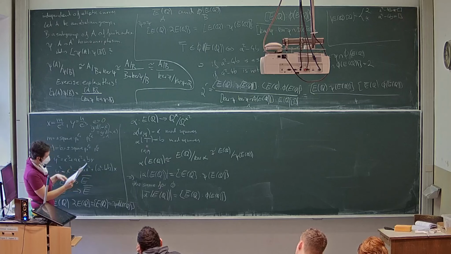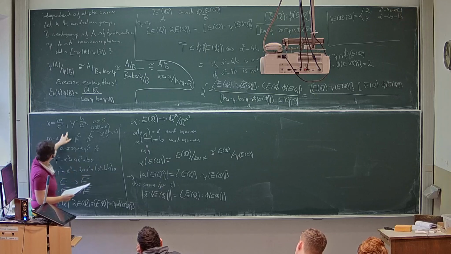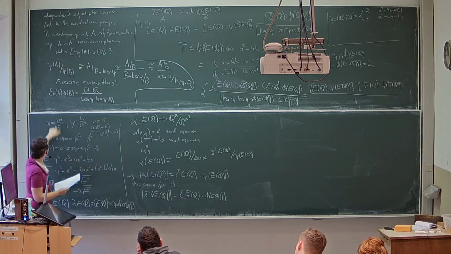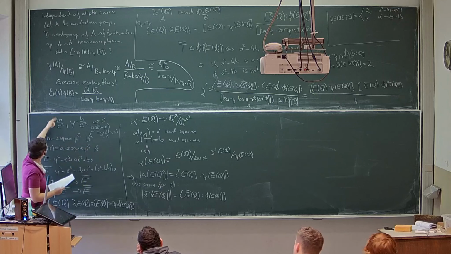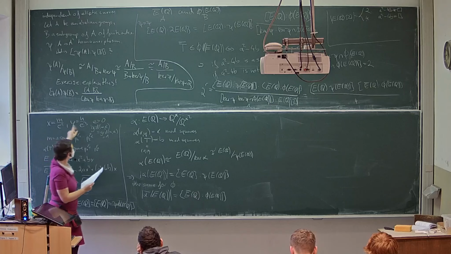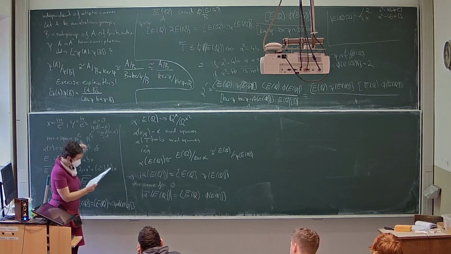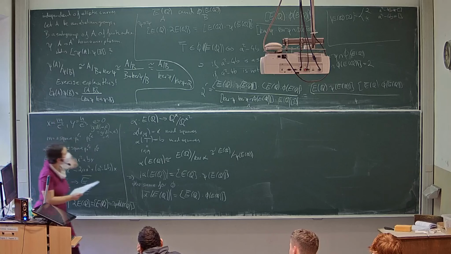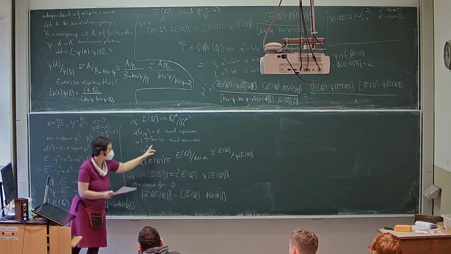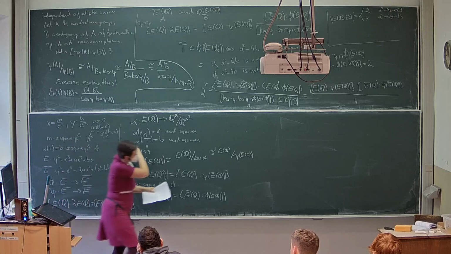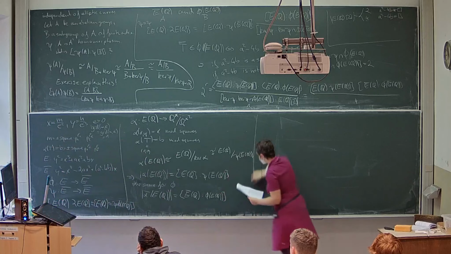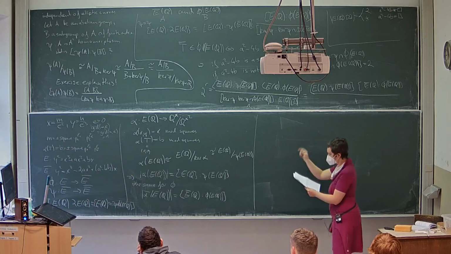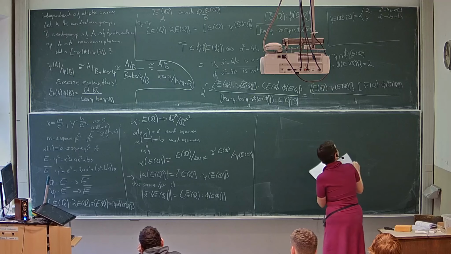And if we look at all the possibilities for such an m over e squared, we can also see that for m equal to 0, we just get this. So yeah, this is all consistent. We will see that later.